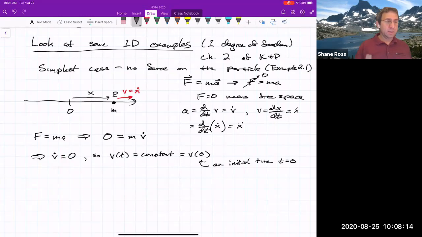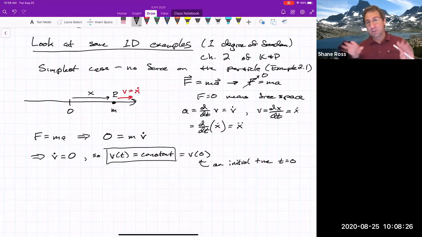All right. So that's something that we can deduce. If you're out in free space and you've got some velocity, I don't know, maybe you got it by some rocket thrust, you will just stay with that velocity forever. Your velocity won't change.